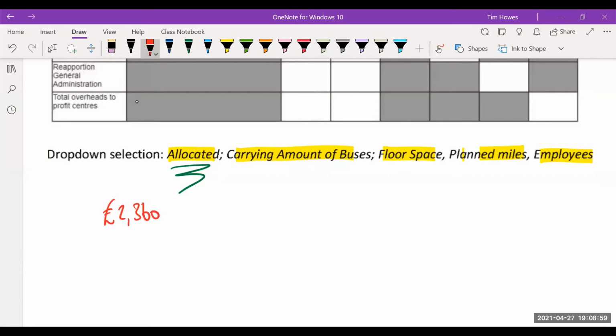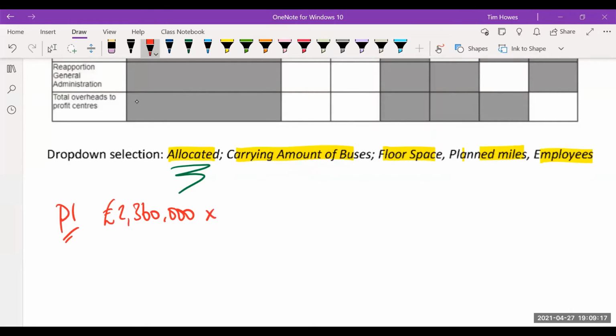And you tell me what the answer is, so I don't need to get my calculator out. So I need to take that 2,360,000 and into P1, I need to put a proportion of that.